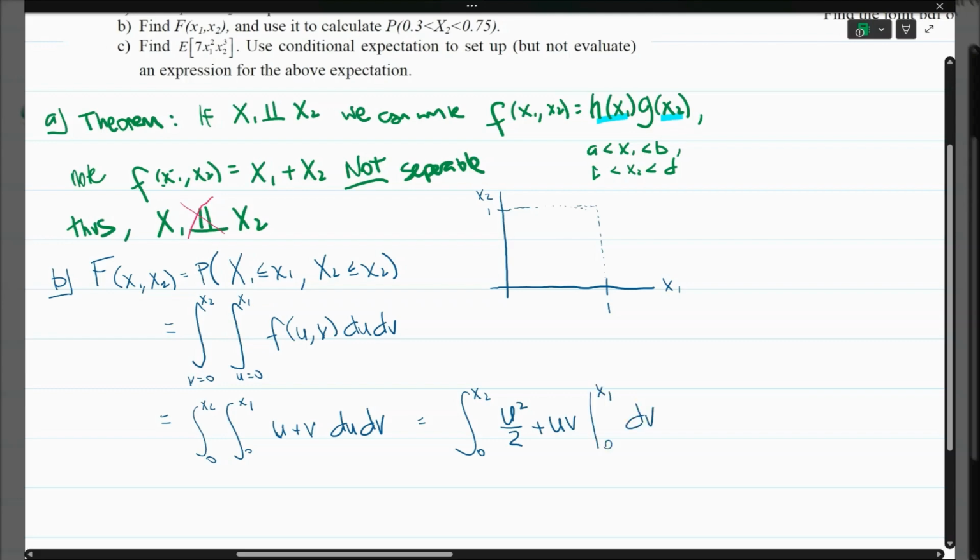Everywhere there's a u, we'll plug in x1. That's x1 squared over 2 plus x1 v dv.